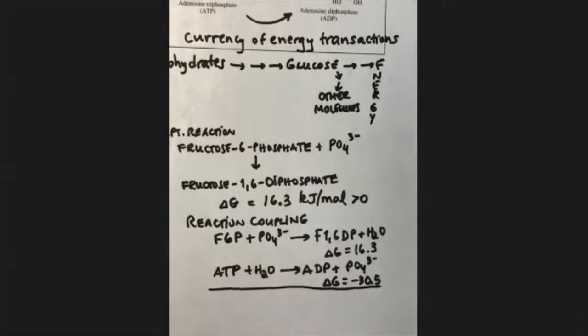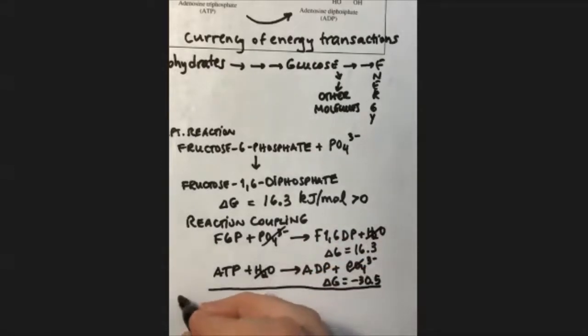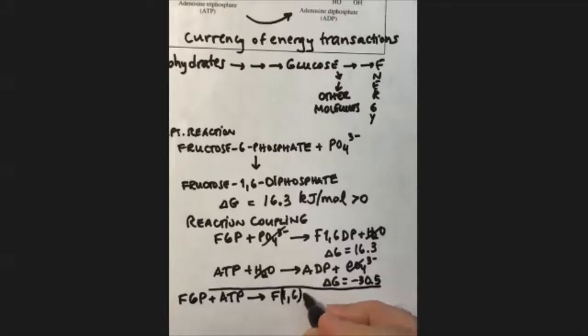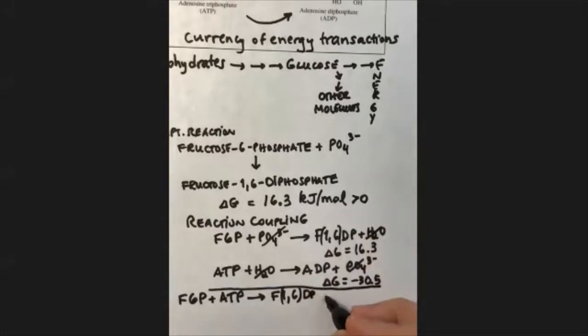And so when the enzyme that carries out this process combines those two reactions, you can see the phosphates cancel out, the water cancels out. So you end up with a net reaction, which is the fructose 6-phosphate plus ATP generating fructose 1,6-diphosphate, probably should put a parenthesis here, plus ADP.